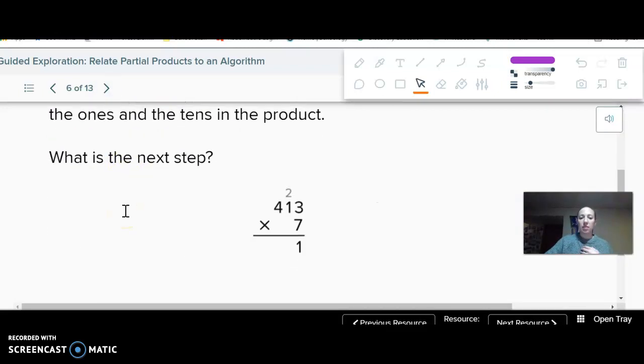So, like that. Then the next step, we're still using the 7. We're doing 7 times this 1, which represents 10, right? So I'm doing 7 times 10, which is 70. And I need to add on the 2 tens, so it becomes 90. So I can write it here.